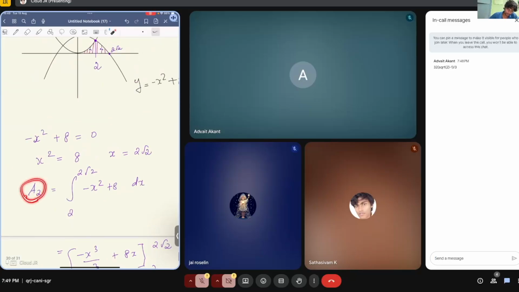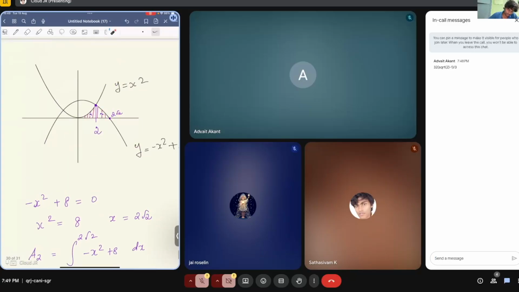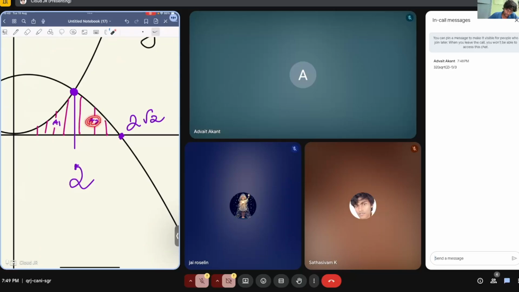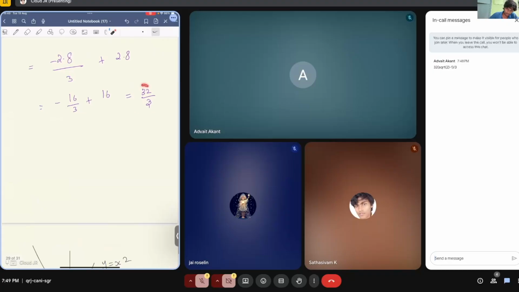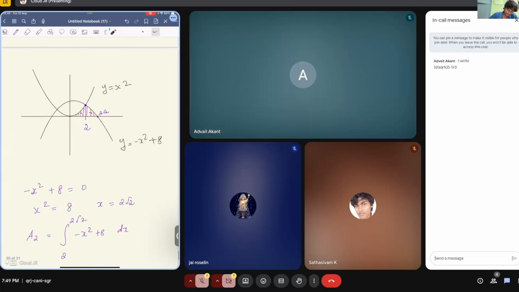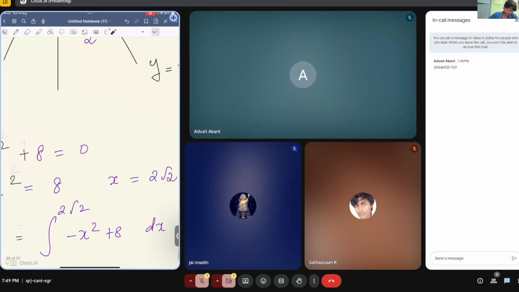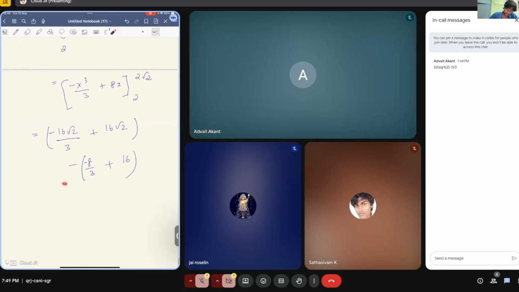What we computed is A2, which is the area here, right? But I want the total area, which is this region. Now I break it into two pieces. This we have already computed, which is 32 by 3, and this region A2, which we have computed now, is basically this part. So your total area, A1 plus A2, is the required area.